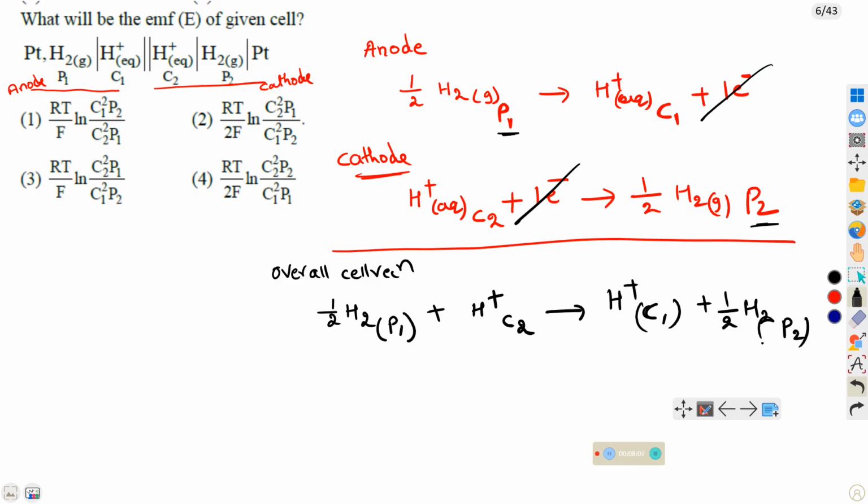Now what will be the EMF of the given cell? EMF is calculated by using the Nernst equation.